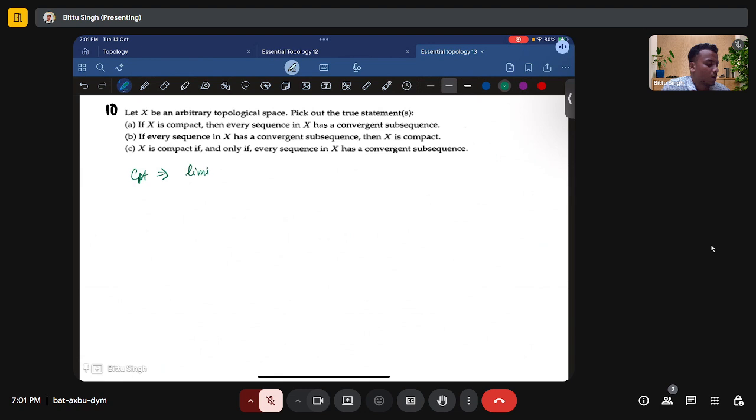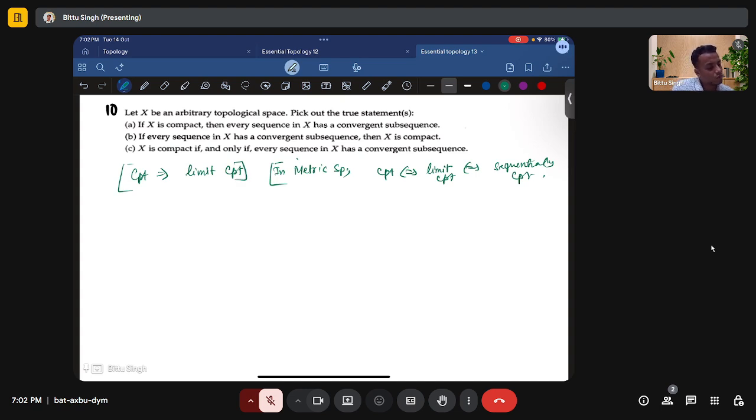And we also know that in a metric space, all those are the same: compact if and only if limit point compact if and only if sequentially compact.